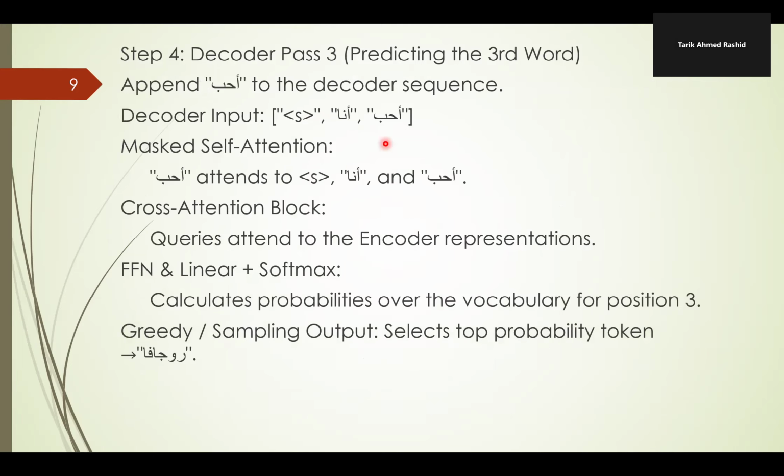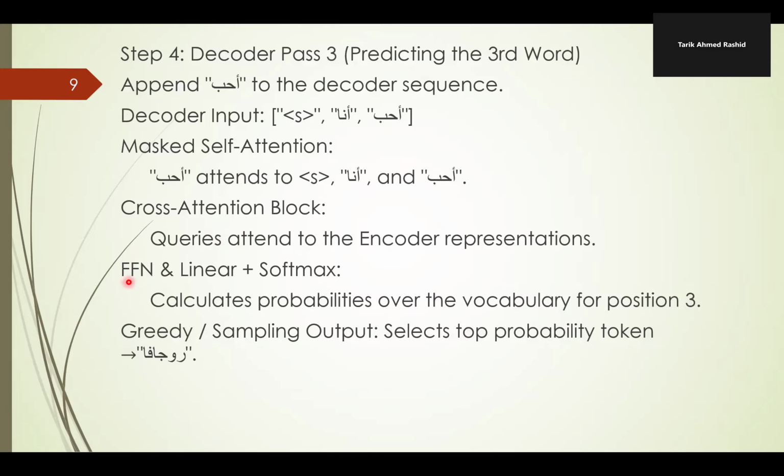So now Ahab is added in decoder pass three, and it goes through masked self-attention. Ahab can attend to itself, to the start token, and to ANA as well. Then in the cross attention block, the queries attend to the encoder's keys and values.